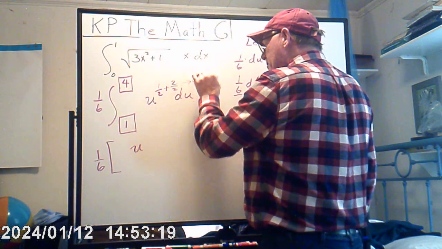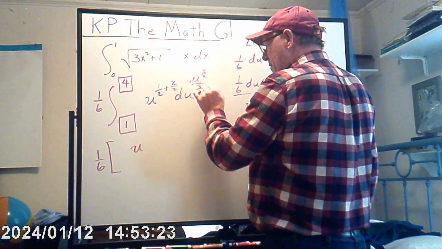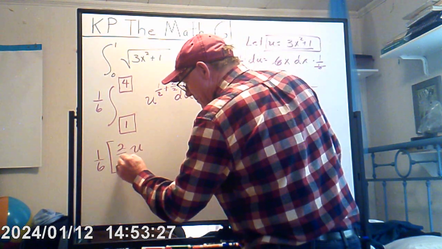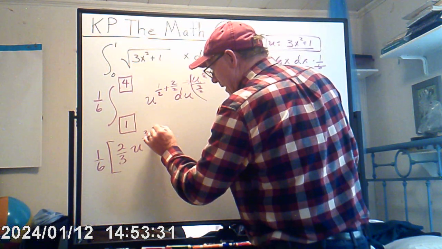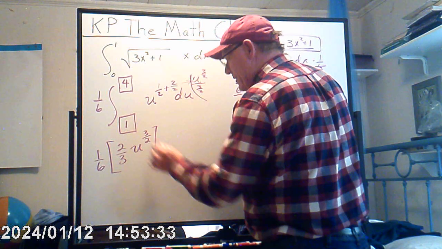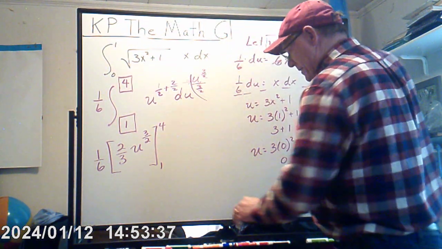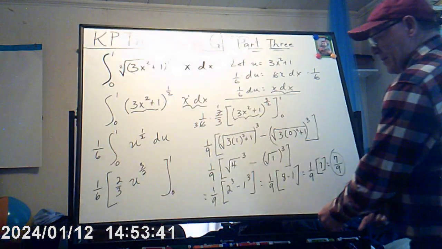Okay, u to the 3 halves over 3 halves. So remember that we did the 2/3 right here like this. Remember that? 3 halves. That does not change, except we're going from 1 to 4 this time. Again, look at the same thing. We got the exact same thing right here.